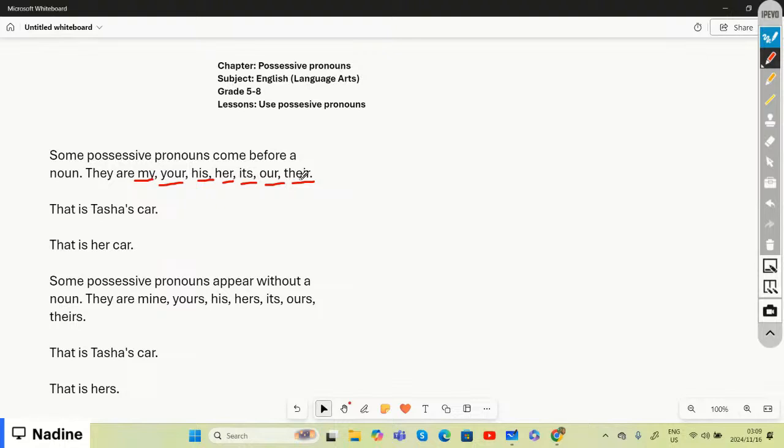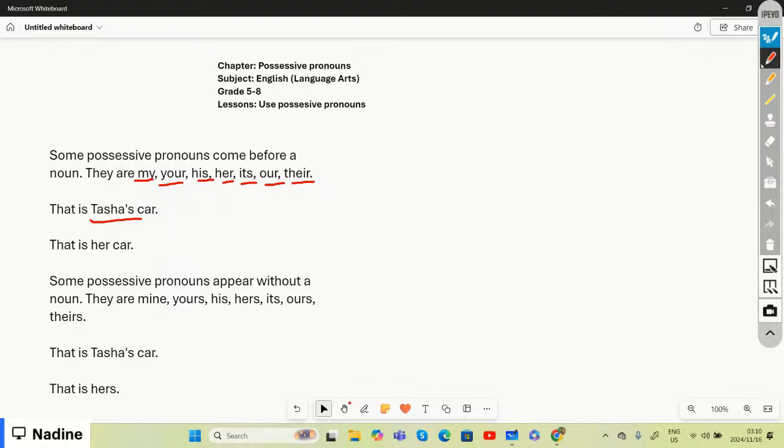it says that is Tasha's car. So Tasha is the name of the person. But now remember, this is a possessive pronoun, and a pronoun takes the place of a noun.